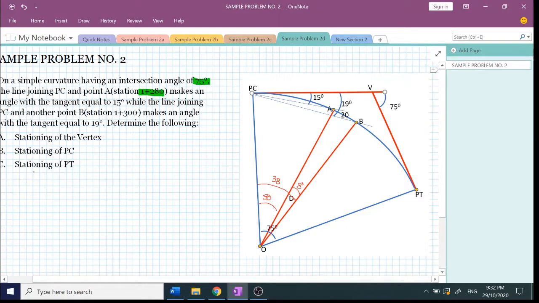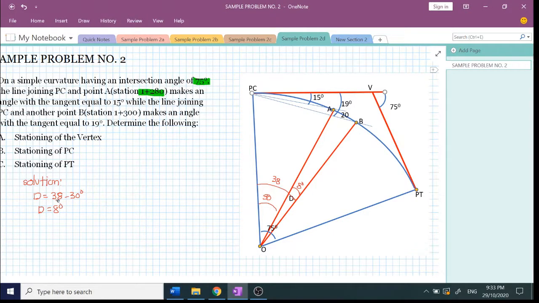Kaya from here, we can have the solution that the degree of the curvature will be equal to 38 degrees minus 30 degrees. And so we have the degree of the curvature equal to 8 degrees.